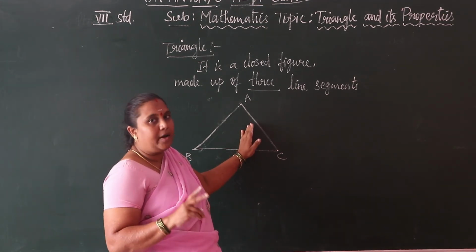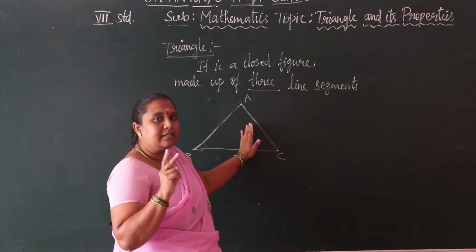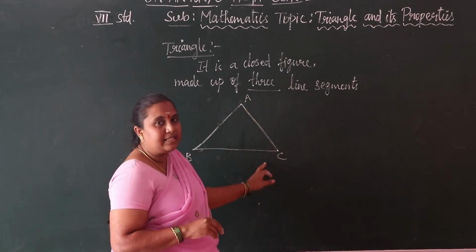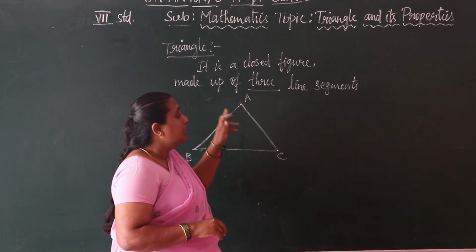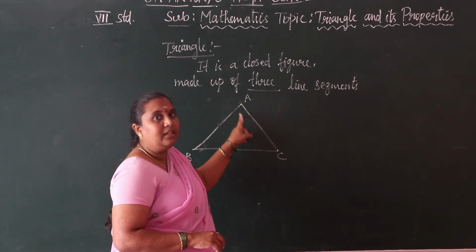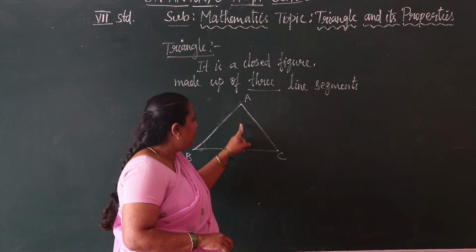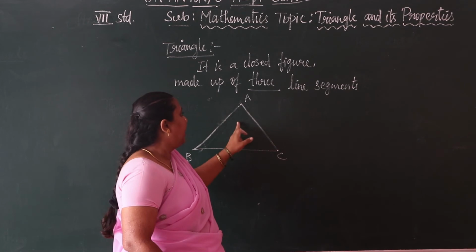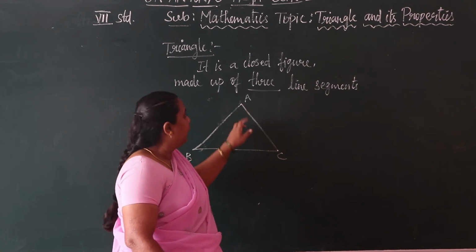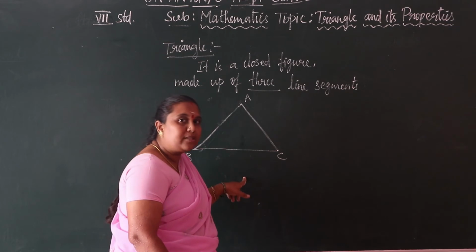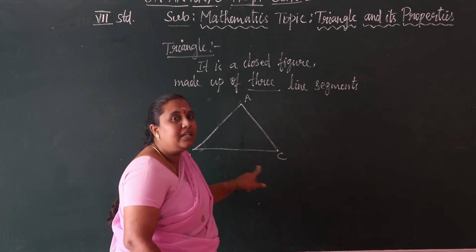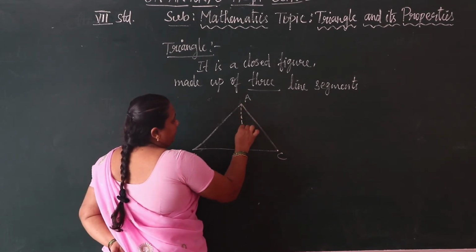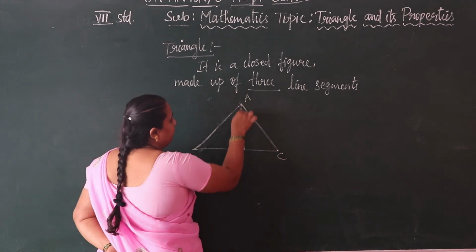We divide the triangle into two parts by constructing a line segment from a vertex A to the opposite side BC. Once again, we are drawing a line segment from vertex A to the opposite side BC, and this is perpendicular.